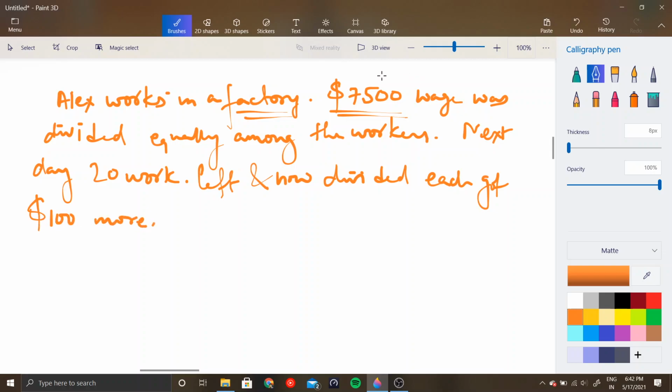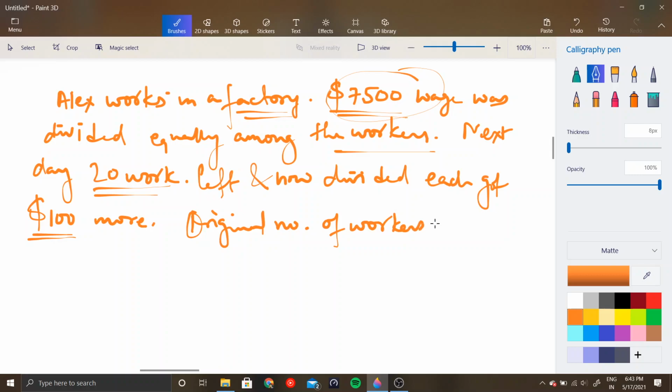So the first day this amount was divided among the workers. The second day, 20 workers left the job, and the wage was divided again and each worker got $100 more. So we need to find the original number of workers on the first day, right?